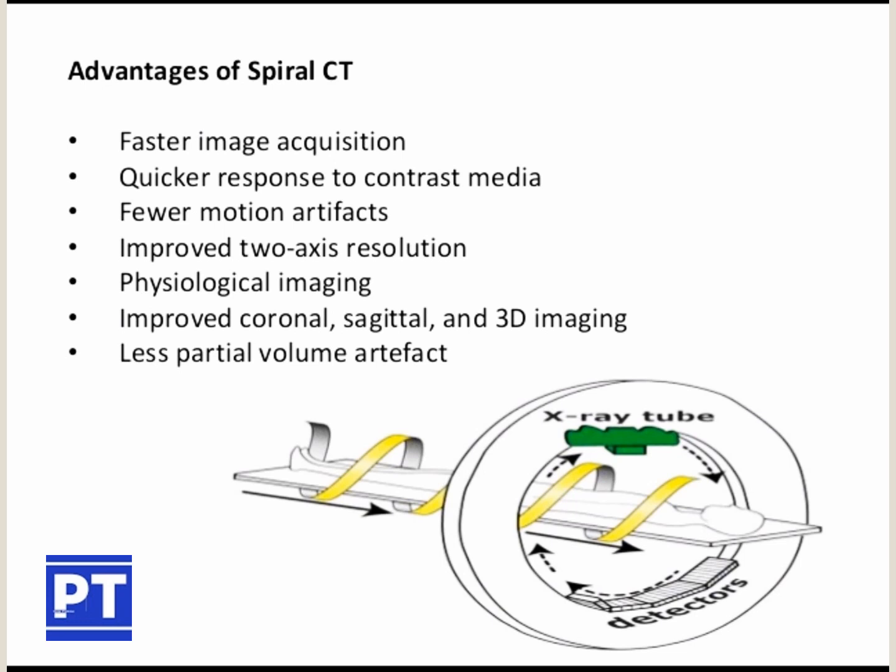Improved z-axis resolution, physiological imaging, improved coronal, sagittal and 3D imaging, less partial volume artifact. It is another artifact, like the ring artifact we have discussed. Likewise, this is another artifact of CT. Artifacts we will also be discussing in the upcoming topics.